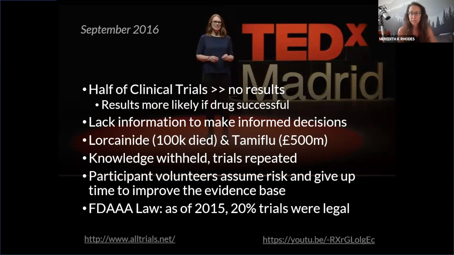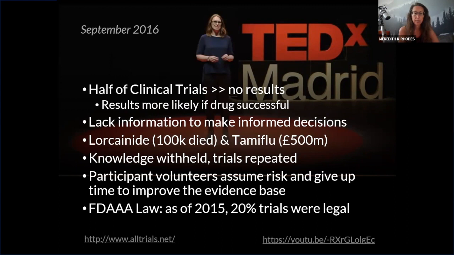And that is an estimate, of course. It's hard to know if a clinical trial took place if there's no information about it. But their estimates were based on any results reported anywhere. And this lack of information is challenging. It's challenging for policymakers to make informed decisions about public health.